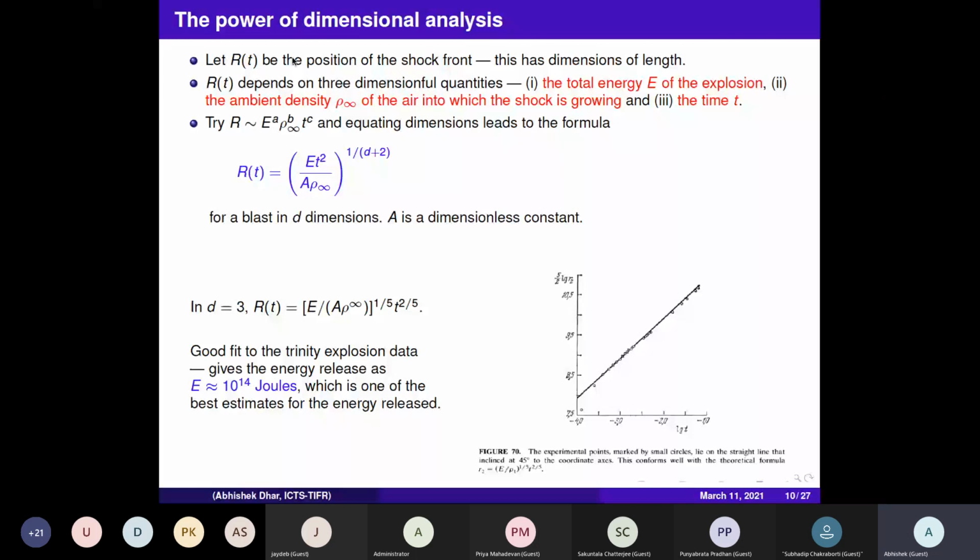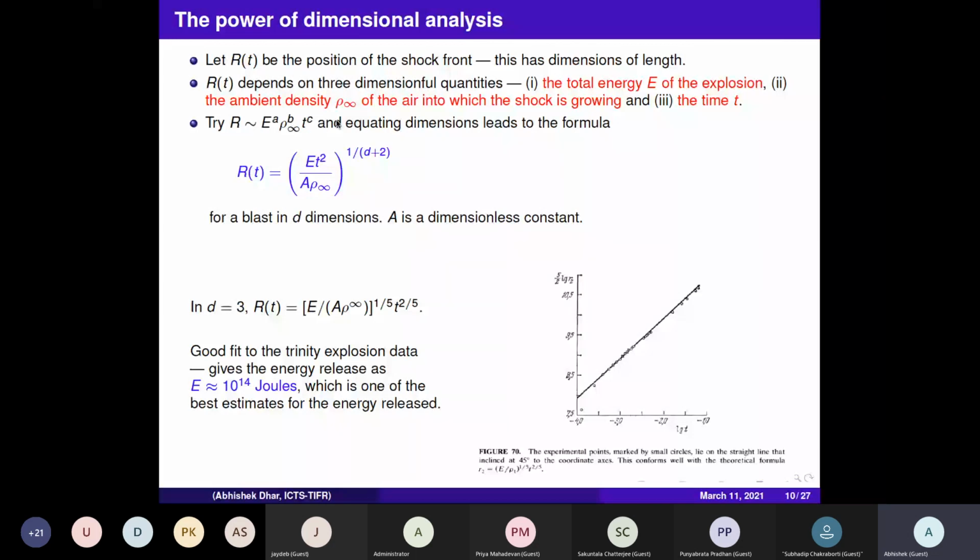So there's the energy E, which is the total energy of the explosion, the density of air into which it's expanding, and time. These are the only things it can depend on. Then you just do the usual dimensional analysis: put radius is E to the power a, rho to the power b, and t to the power c, and equate both sides for dimensions.